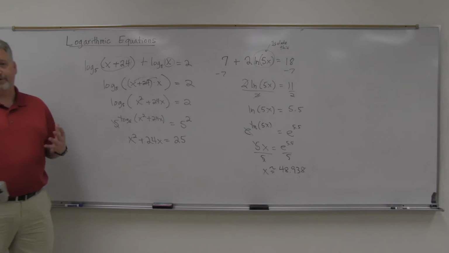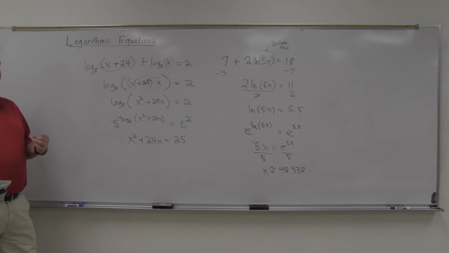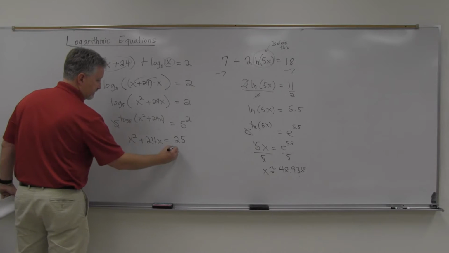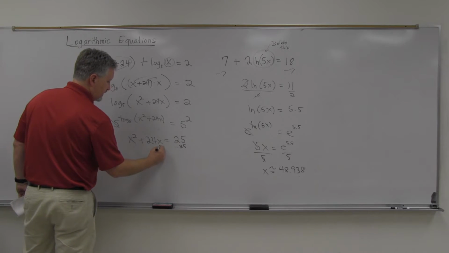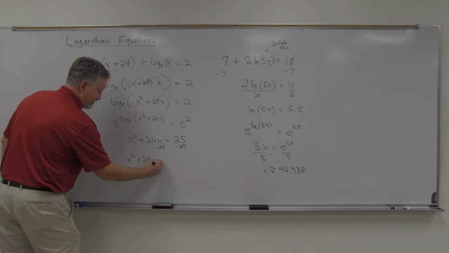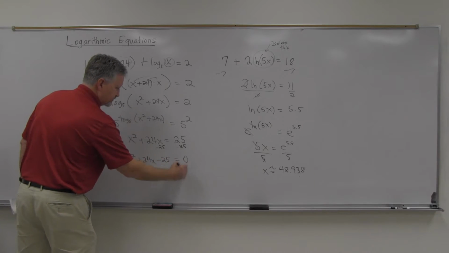All right, now what happens is we don't wind up with a linear equation. This is a quadratic equation. How are we going to solve it? Yeah, we need to subtract 25. We need to make one side 0, so we can either factor or use the quadratic formula. If this one does factor, they usually give us nice factoring ones, but you could use the quadratic formula on that.